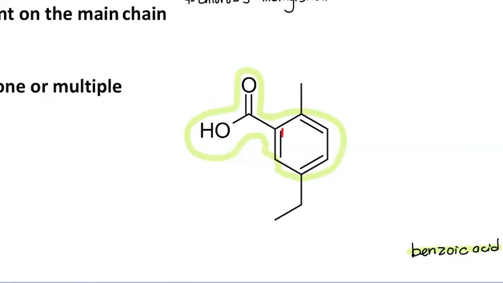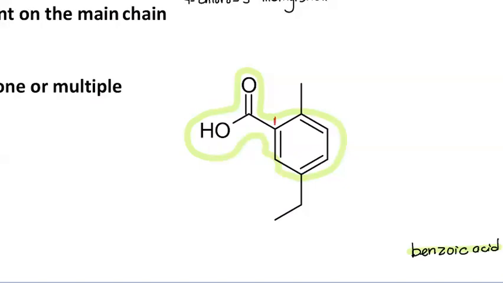Now we have 2 substituents in the system, okay? We have the methyl and we have the ethyl group. So taking into account that is carbon number 1.